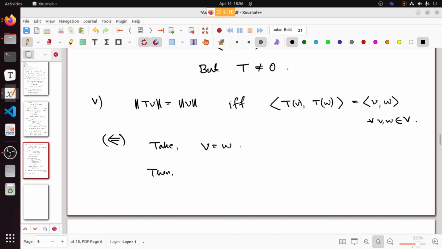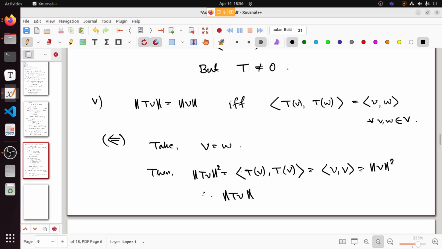Then norm Tv square is inner product Tv comma Tv. So this is basically inner product V comma V. And this is norm V square. So therefore norm Tv square will be norm V square, right.